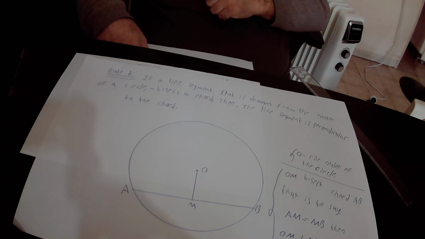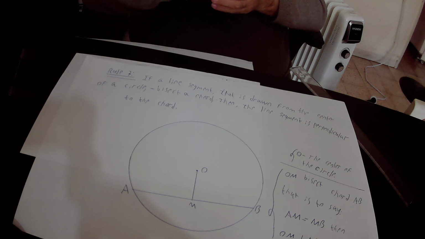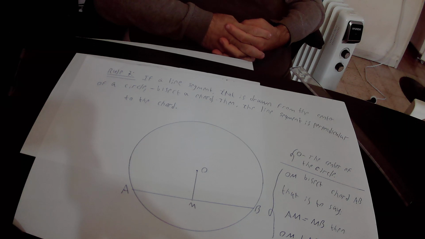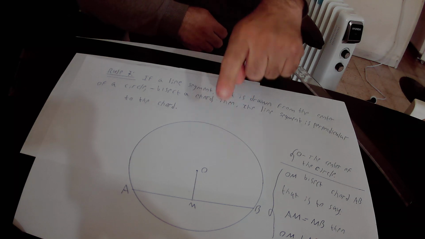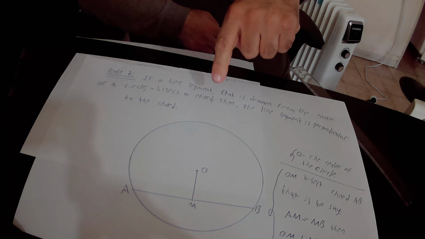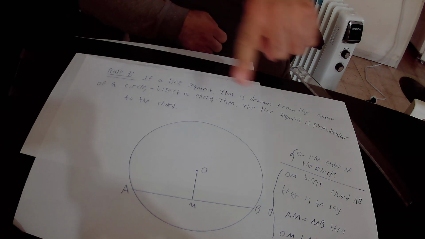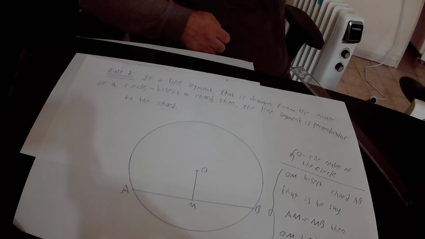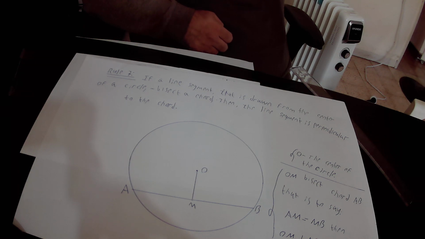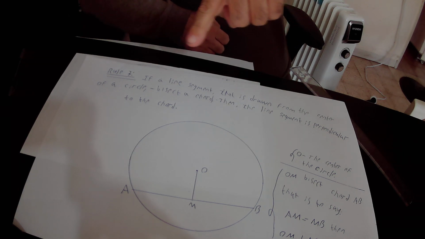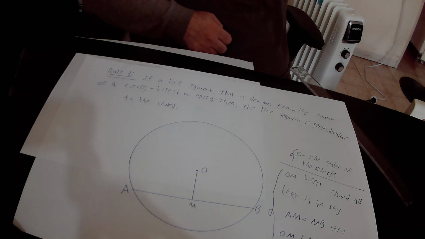If a line segment that is drawn from the center of a circle bisects a chord, then the line segment is perpendicular to the chord. The center of the circle is here at point O. Line segment OM bisects chord AB, that is to say, AM equals MB.